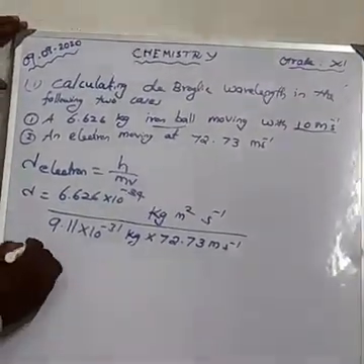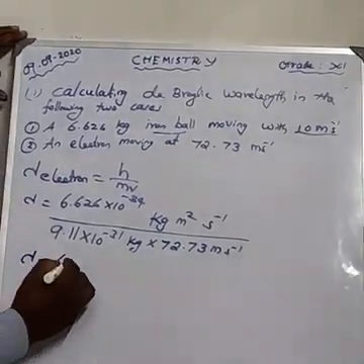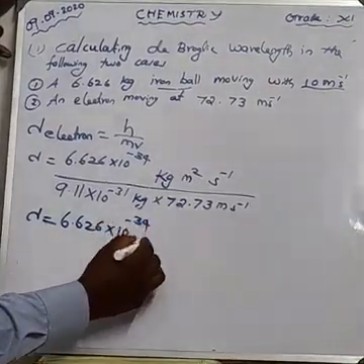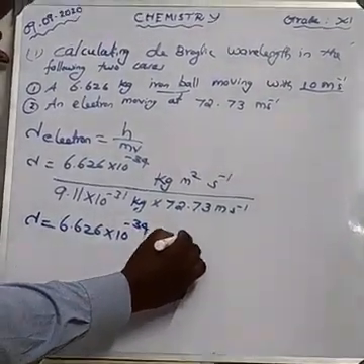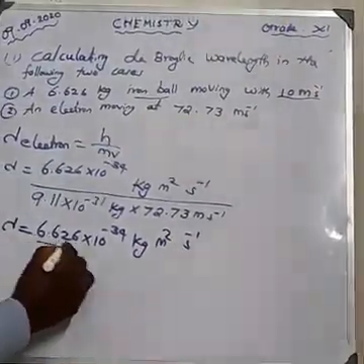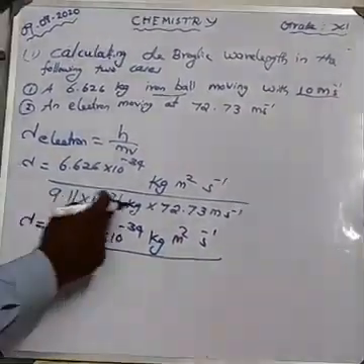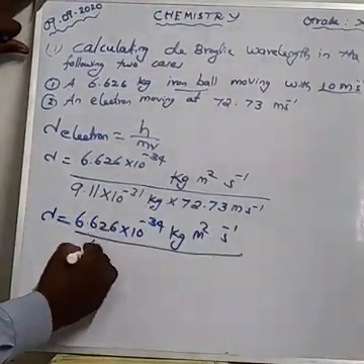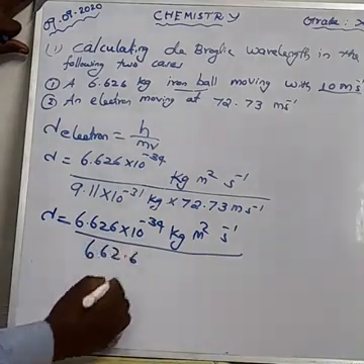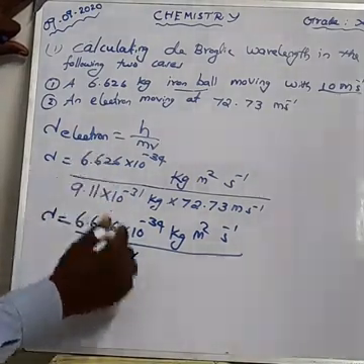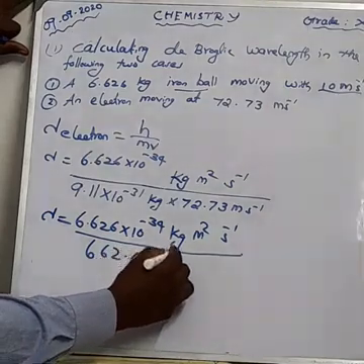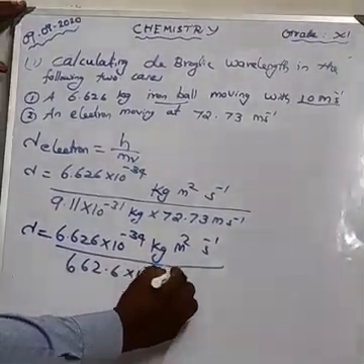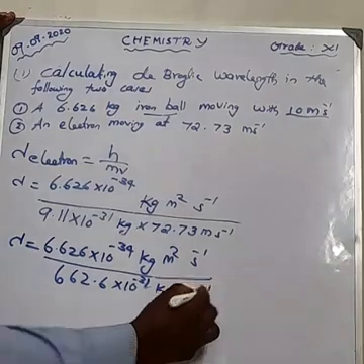Next, lambda is equal to 6.626 into 10 raised to minus 34 kilogram meter square second inverse, divided by, when you multiply these two terms, we get the answer 662.6 into 10 raised to minus 31 kilogram meters per second.